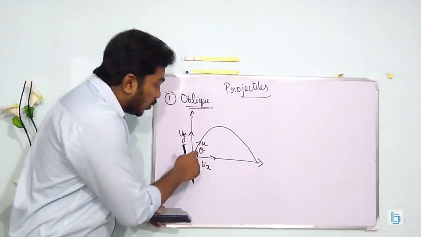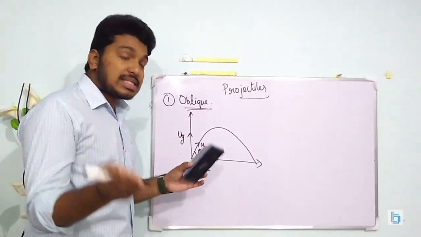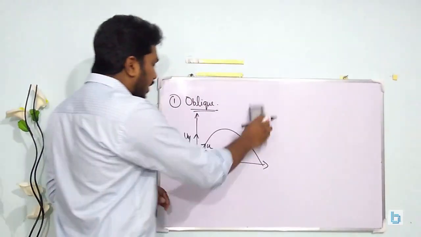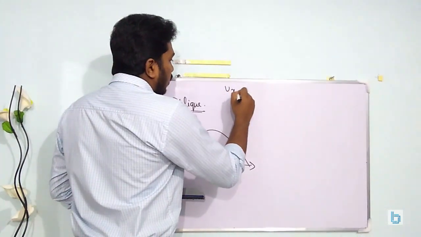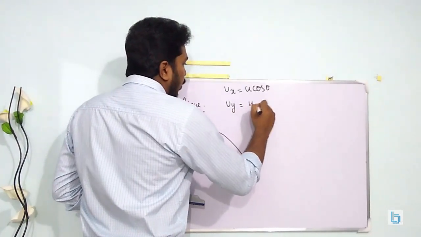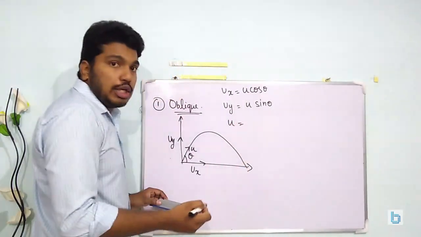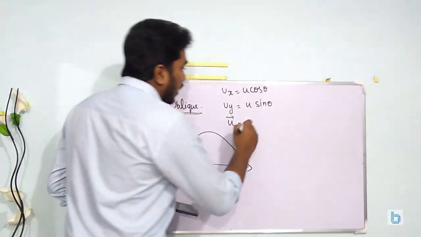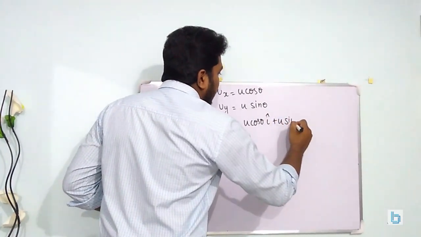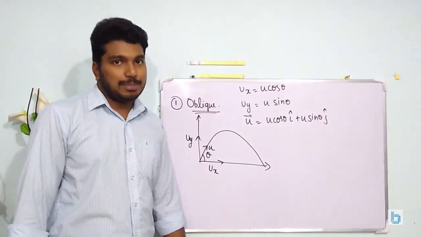Now, the side adjacent to the angle theta is taken as the cos theta component. We can write ux equal to u cos theta and uy equal to u sin theta. So we can write the initial velocity, a vector quantity, as u equal to u cos theta i cap plus u sin theta j cap. That is the initial velocity.